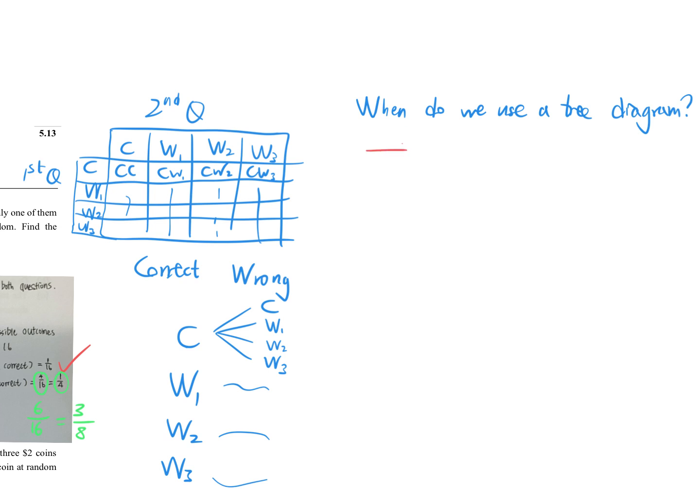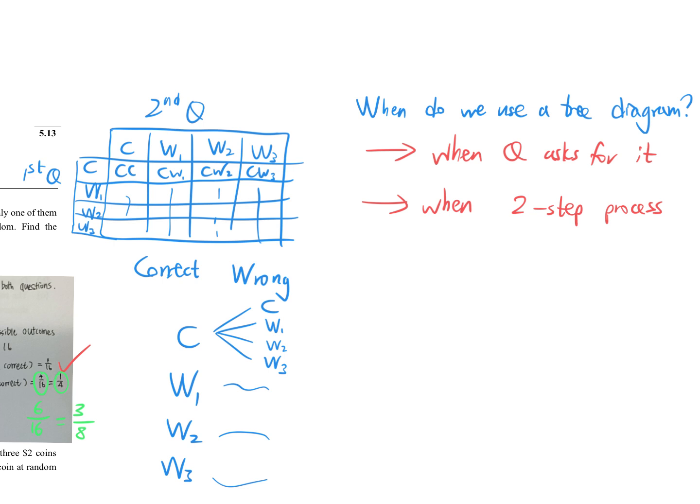Anyway, first of all, of course, when the question asks for it, there's no choice then. But also when 當你要做兩樣嘢，其實同學嘅意思係 when you have to, there's a two-step process. What does that mean? For example, tossing a coin 3 times, then first toss, second toss, third toss.